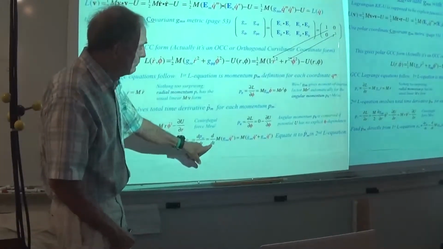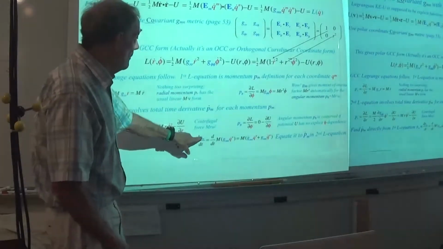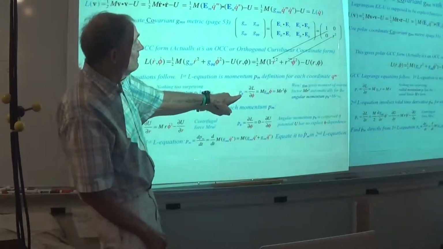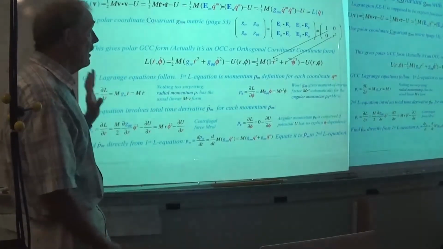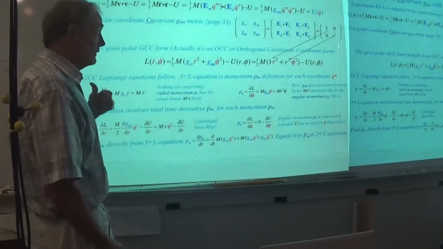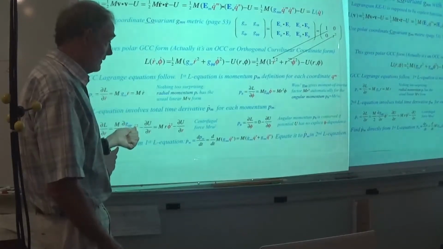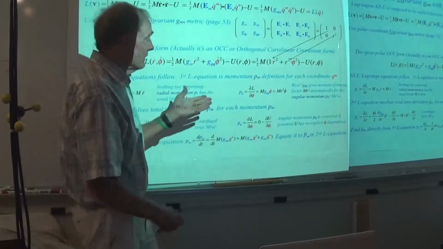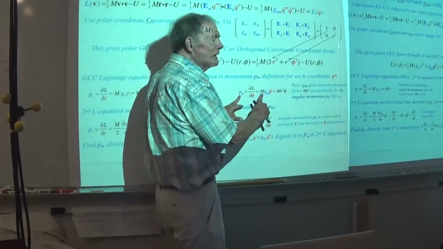This is a time derivative of what we call momentum, p phi, or else p r. We have to take the total time derivative. In other words, when I take the derivative, it isn't just looking at something that has a t on it. We look at everything. As I take a total time derivative, I even worry about the m.